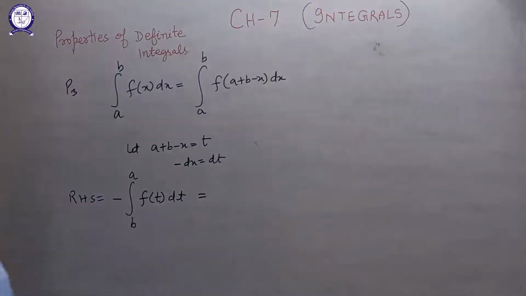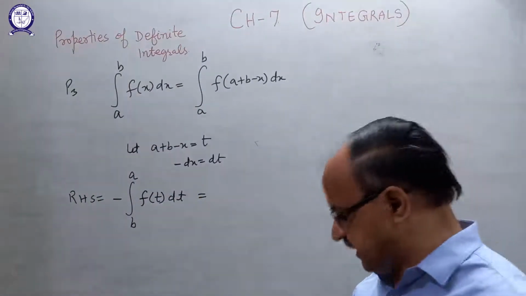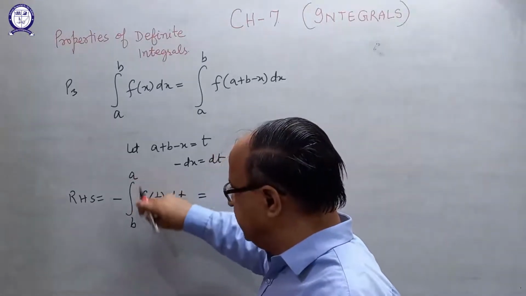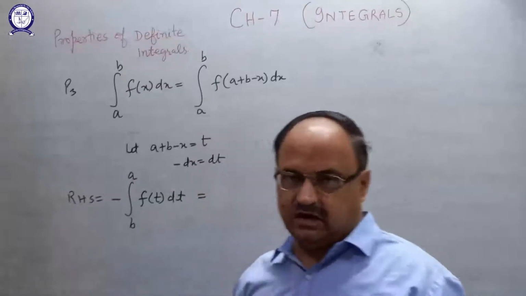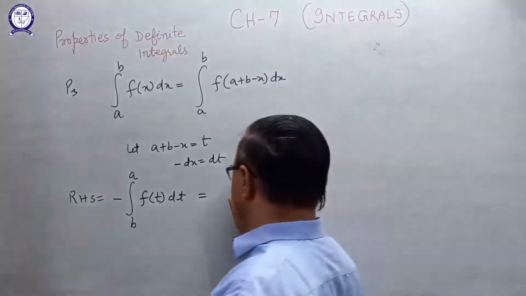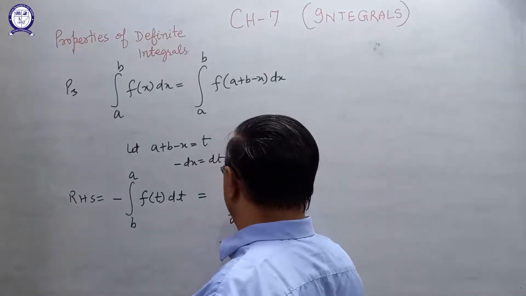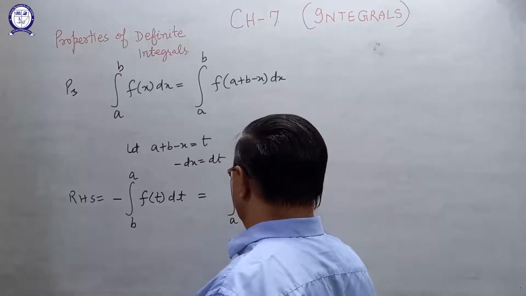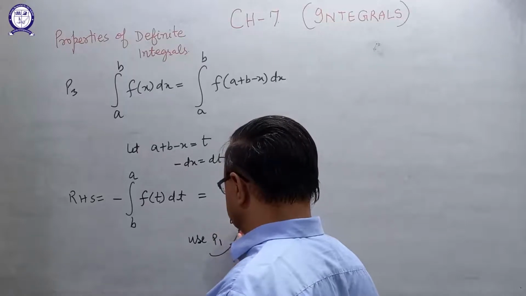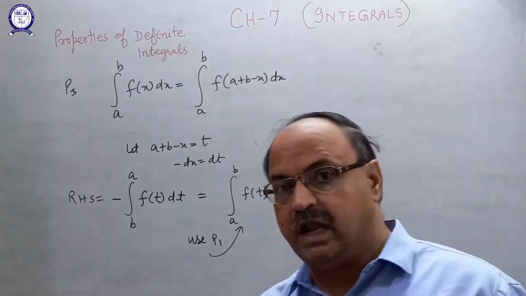Correct? Now use property P1, interchange the limit. When you interchange the limit, then the minus sign will come, and minus into minus is plus. Therefore, a to b f of t dt. Here we use property P1 very well.